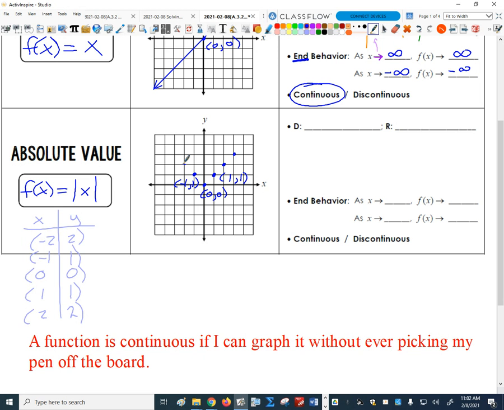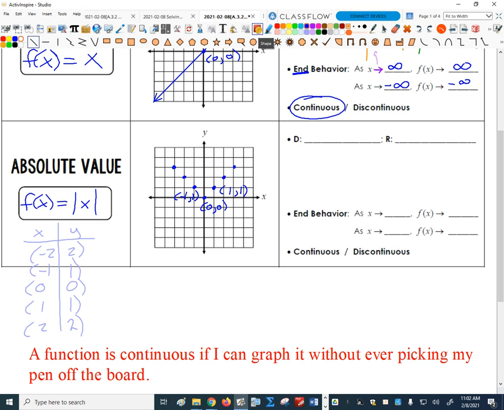So I go negative 2, positive 2, negative 3, positive 3. And we can see what we get here, right? We're just getting a V shape out of this, aren't we? There it is. So I get a V shape. Some key points are (0, 0), (1, 1), (negative 1, 1) when we want to graph this thing.